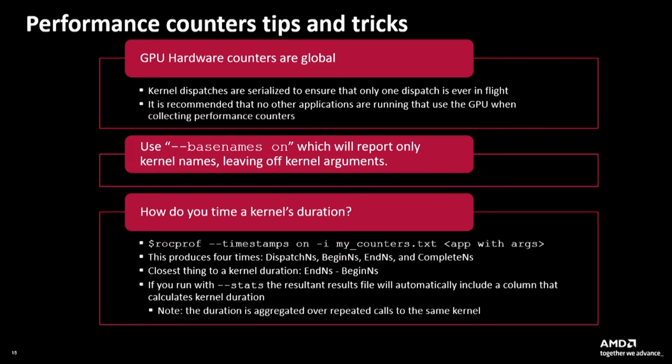If you just take the difference between the end and begin, that is very close to your kernel timing, and you can verify that through the HIP tracing that I showed before.